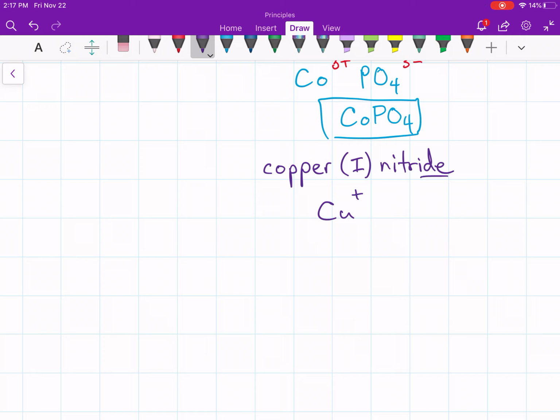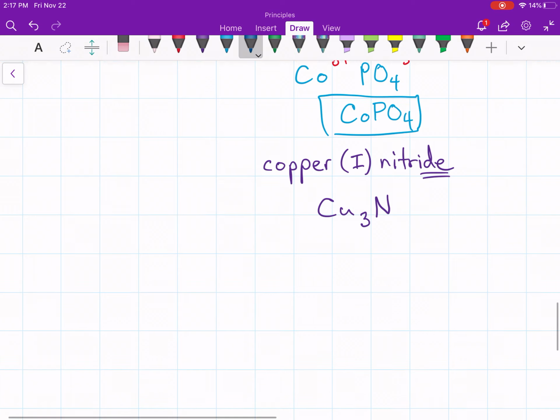Hopefully you recognize by the ending, the -ide, that this is not nitrate, which is the polyatomic ion that you just learned about, but this is just nitrogen from the periodic table with a -3 charge. Because again, that's the charge that everything in group 15 ends up having. So if I have +1 and -3, then we should end up with 3 coppers and just 1 nitride.